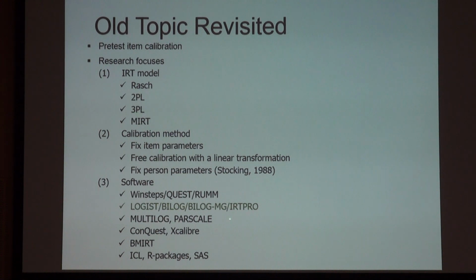I saw this feature being implemented in Logist and its replacement by BILOG-MG and IRT Pro. But if you look at the manual, it's only a keyword, without much technical detail, which may further discourage practitioners from using this approach.